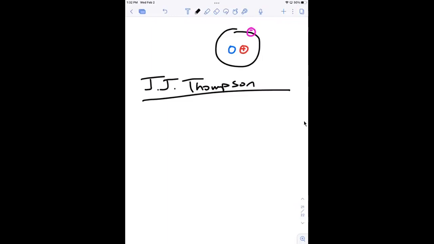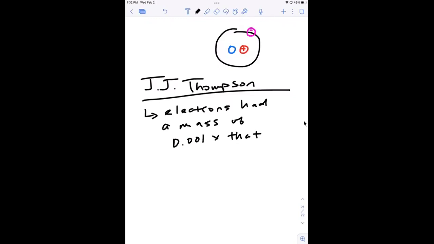So what he found out, and I'm just going to distill this down to the most pertinent information, was that electrons were very light. They had a mass of about 1/1000th of an atom.